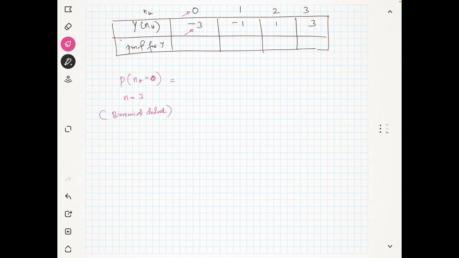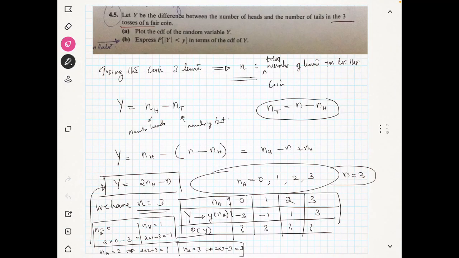If you are tossing a coin 3 times, the number of heads follows the binomial distribution, which involves n choose k, n choose nh. We assume the probability of head equals the probability of tail, which is 1 by 2.